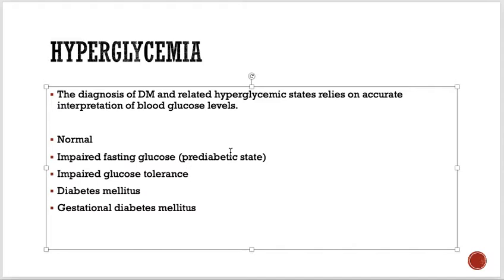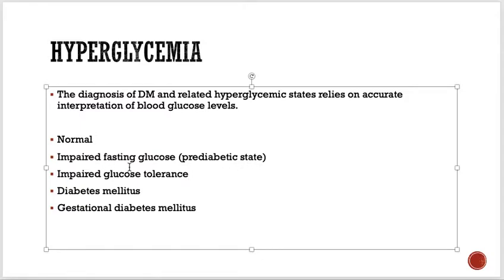Now, if we talk about impaired glucose tolerance, we do a test called OGTT, or simply the oral glucose tolerance test. We give glucose to the patient orally, and how much we give is 75 grams of glucose. The full name is OGTT, oral glucose tolerance test.